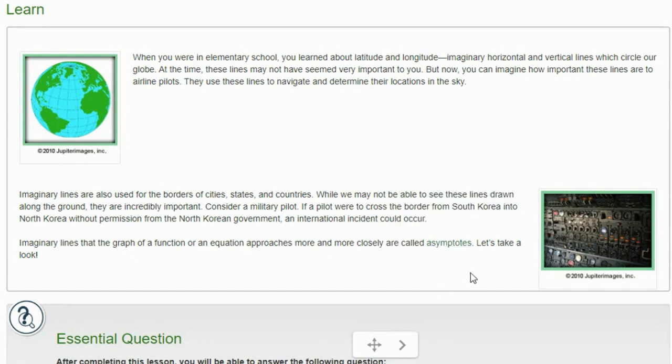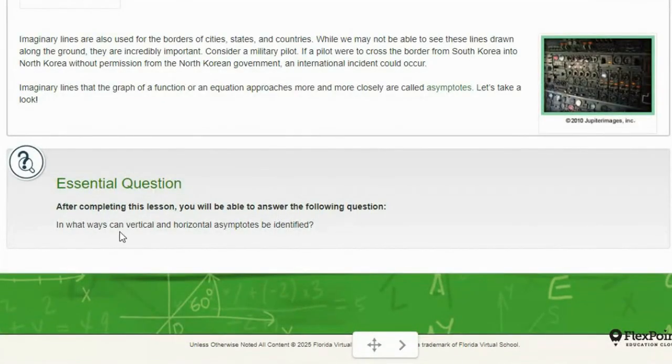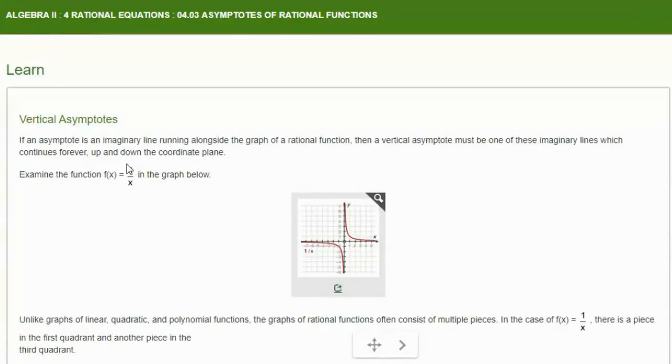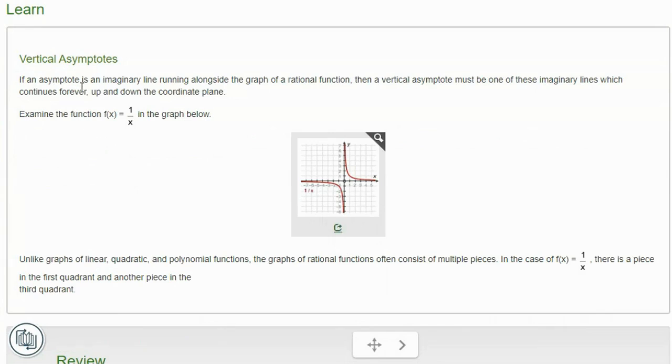Let's take a look. So we're going to learn in what ways vertical and horizontal asymptotes can be identified in rational functions. Let's go to page 2. So vertical asymptotes. If an asymptote is an imaginary line running alongside the graph in a rational function, then a vertical asymptote must be one of these lines which continues forever up and down.